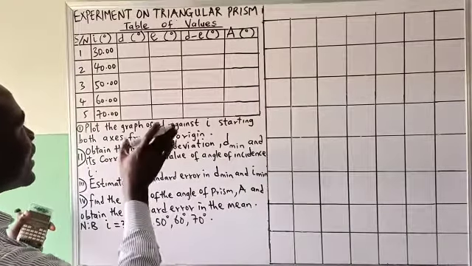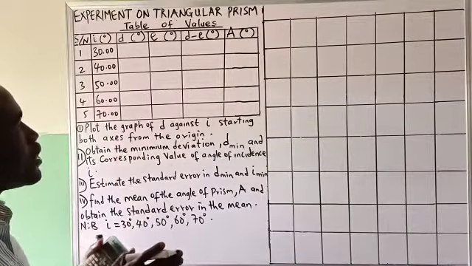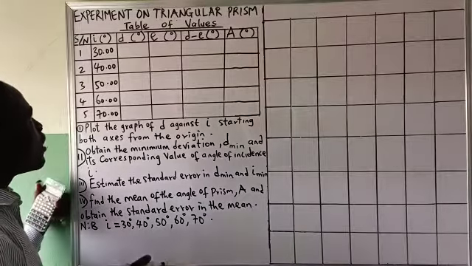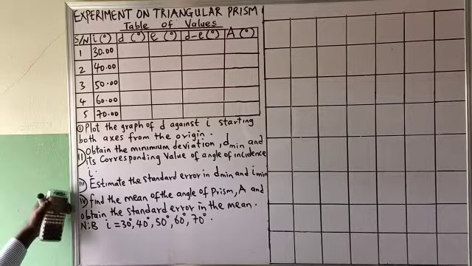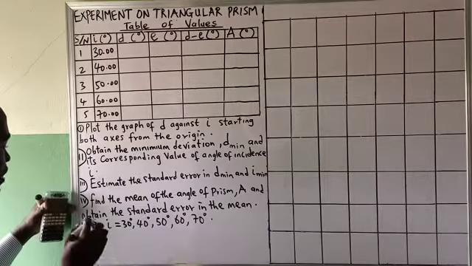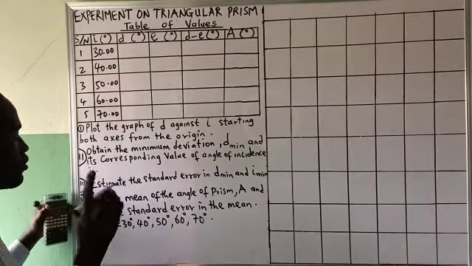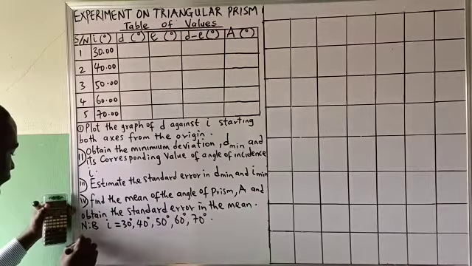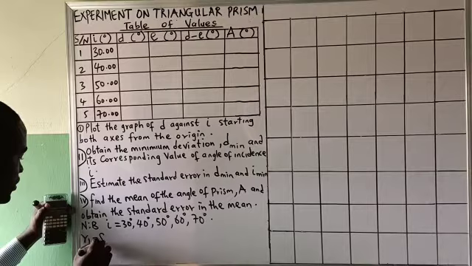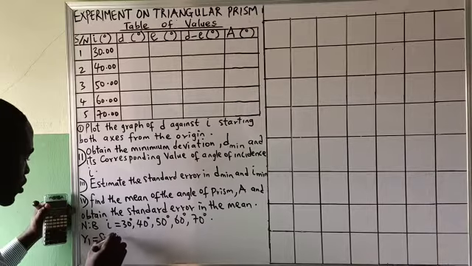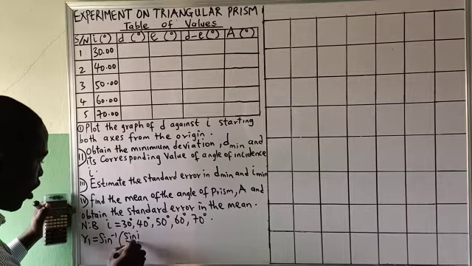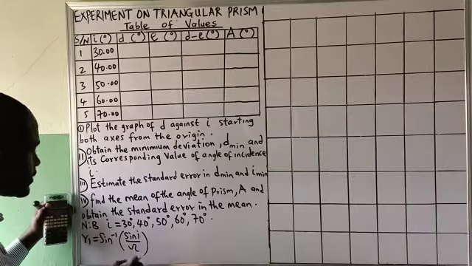Let's see how to get our table so that we'll now go into graph plotting. Now, how do we get our D? It is important to note that the first formula we derived says that R1 is equal to sine inverse of sine I all over the refractive index.